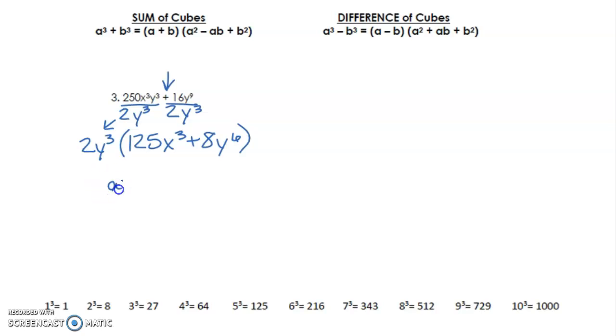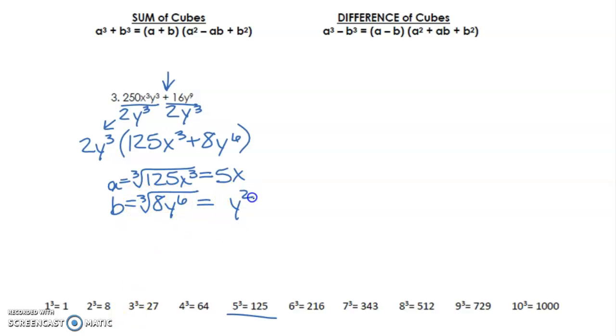So the cube root is 5. Six divided by 3. So I have 5x. I have a square.